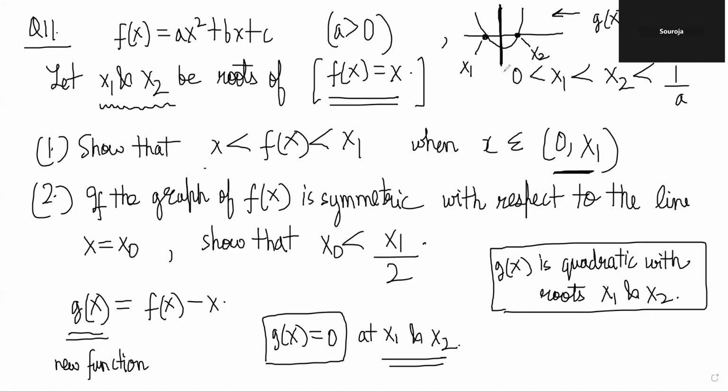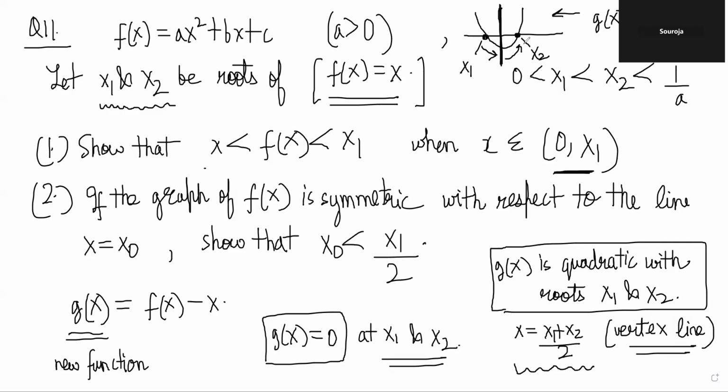So for this g(x), the vertex will be at x equal to (x1 plus x2) by 2. Now you should realize that from x1 to the vertex, the graph of g(x) will decrease, and from the vertex to x2, it will increase.